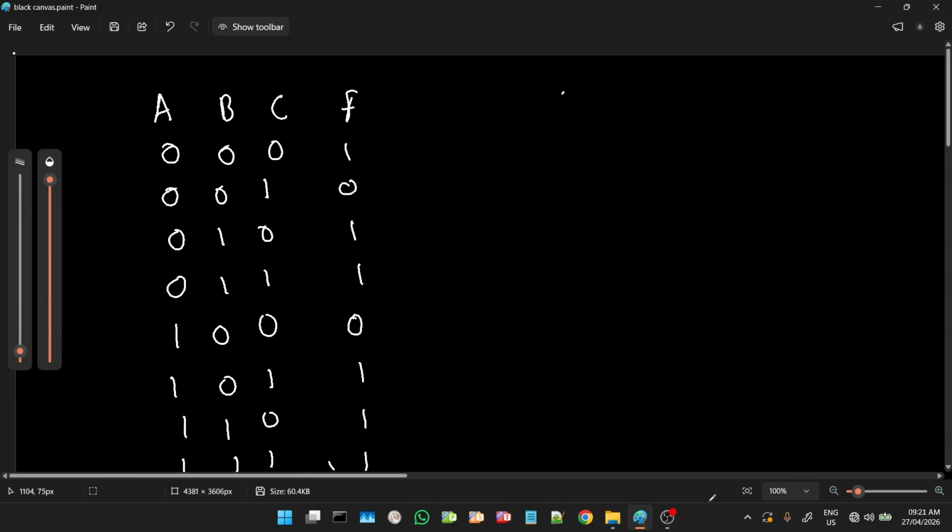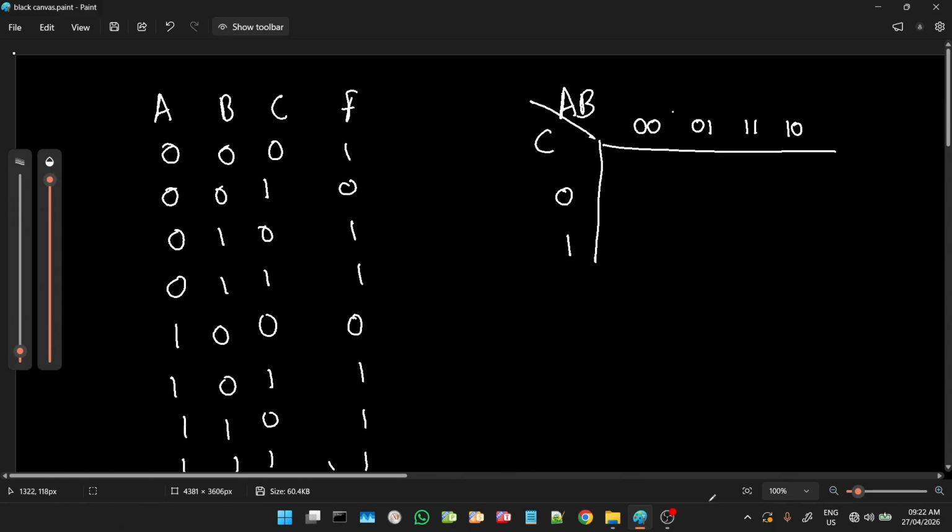What I have to do is break it into 2. So I'm going to make it A, B and C. When it comes to A, B, there are 4 inputs. You would think it will be like this: 0, 0, 0, 1, 1, 0, and 1, 1. But when it comes to K-maps, it's a bit different. It's 0, 0, 0, 1, 1, 1, 1, 0, right? And obviously C only has 0 and 1. So this is the table.